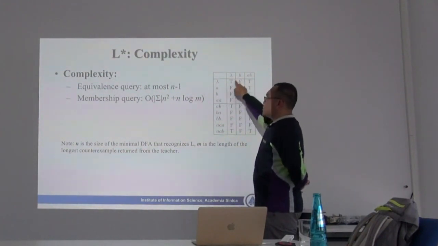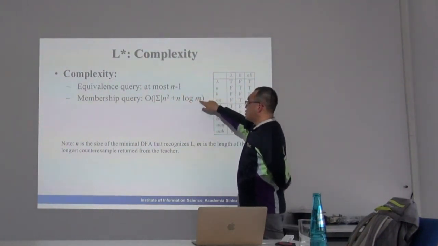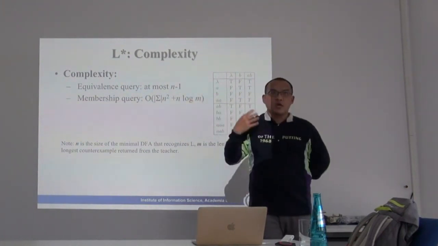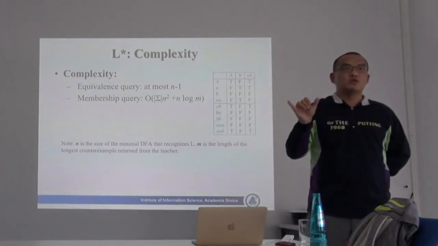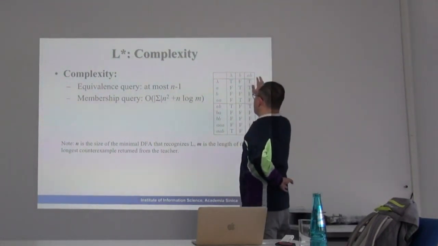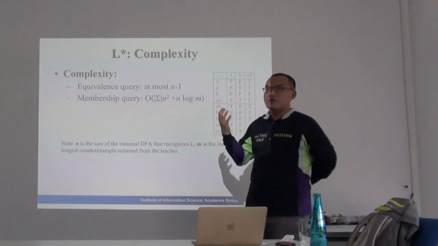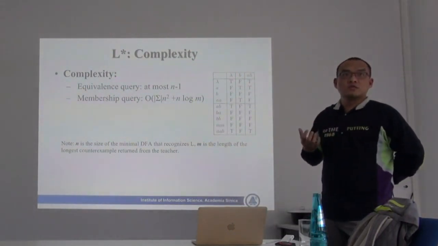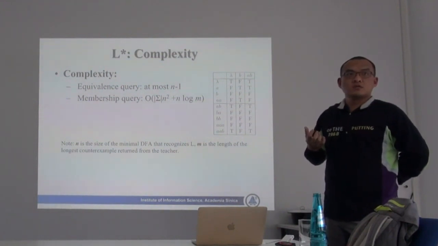For each concrete example, assuming that the length of the concrete example is m, we can perform a binary search using membership queries, with log m steps, to find the suffix that, when we add it here, we can find one more state. That's basically the idea of the learning algorithm. So far so good?